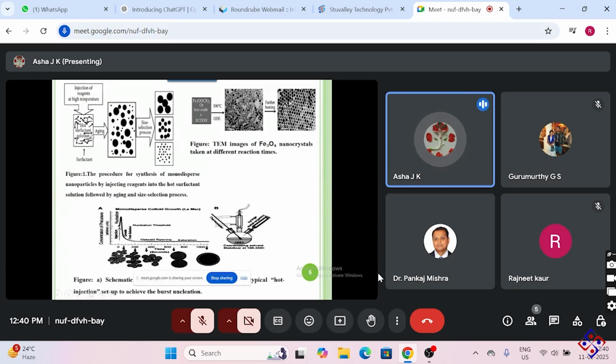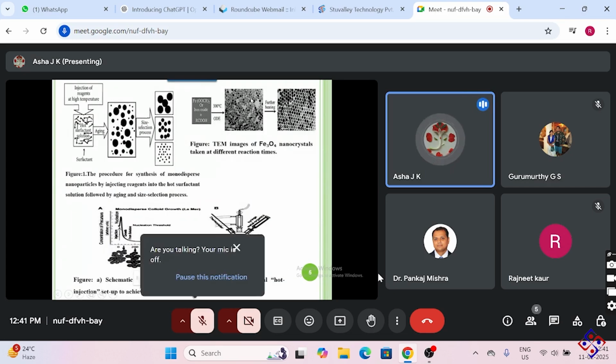After some time, aging produces differently sized nanoparticles. Many small nanoparticles and a large number of nanoparticles are produced after the aging process. After this, a size selection process takes place, and after size selection we get different sizes of nanoparticles with a monodisperse method.